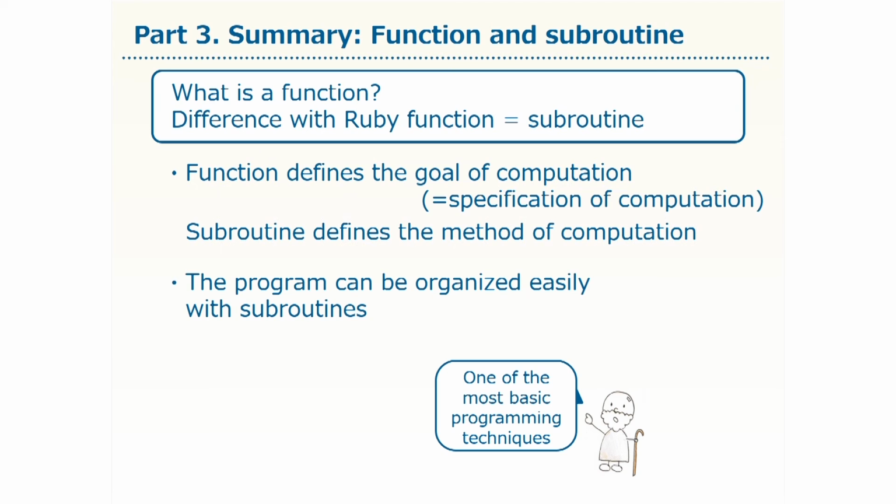For defining each subtask or tool, we define it as a function, a mathematical function. Then consider how to compose the target large program by using these functions. In this way, the outline of the program becomes visually clear and programming becomes easier. Then we can consider how to implement each function as a subroutine. This is a standard programming approach and one of the important programming techniques.